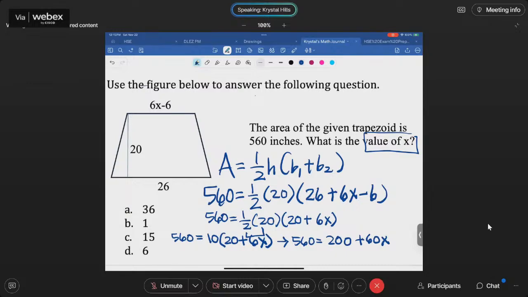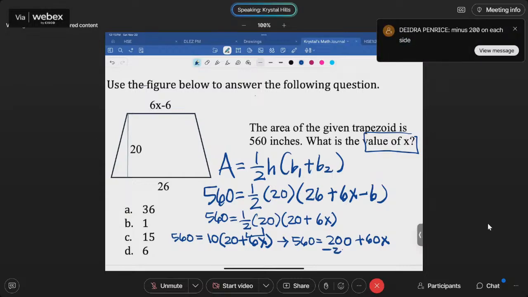What should be my next step? Subtract the 200 from each side. So I'm going to do minus 200 here, minus 200 here.